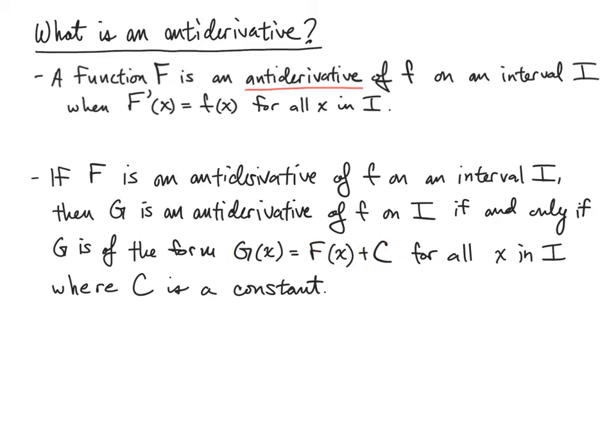So there's the plus c, for all x in that interval I, where c is a constant. What you'll come to find is that functions have families of antiderivatives, and it all depends on us not knowing what c is. So how does this work? Let's take a look at that on the next slide.